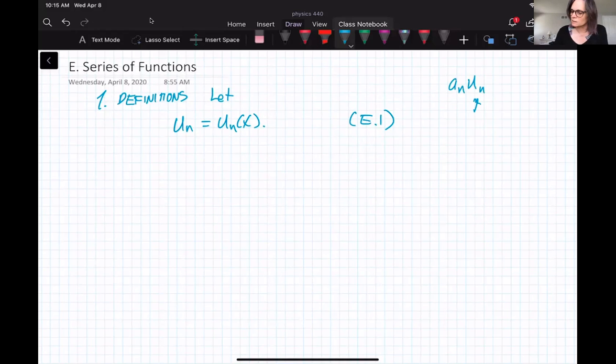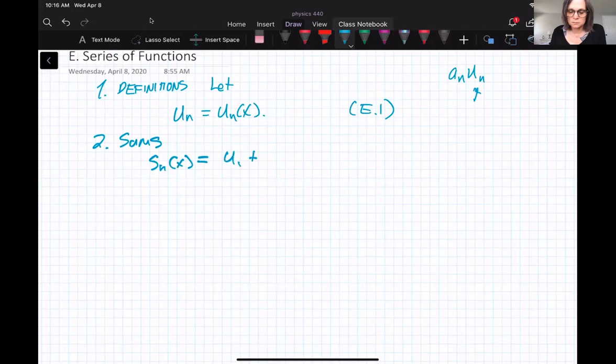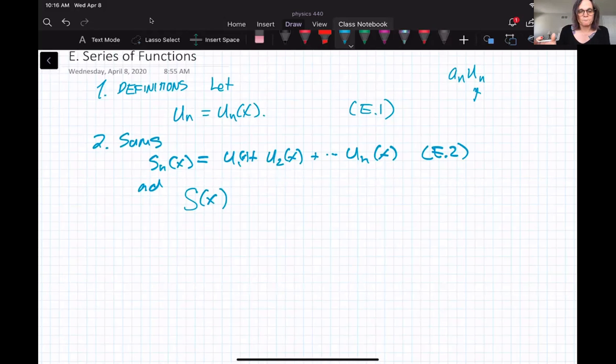We already have used this in a number of cases. If we're defining this series, we can define sums. So we have the partial sums in the usual way. Again, this is a function of x, so u sub n of x. And we can have the series, the functional sum.